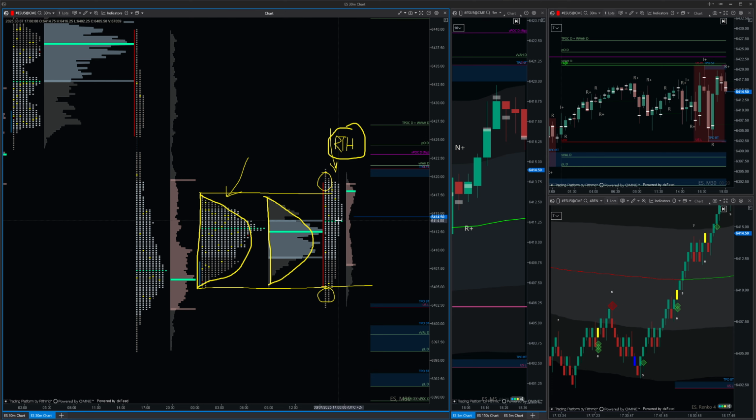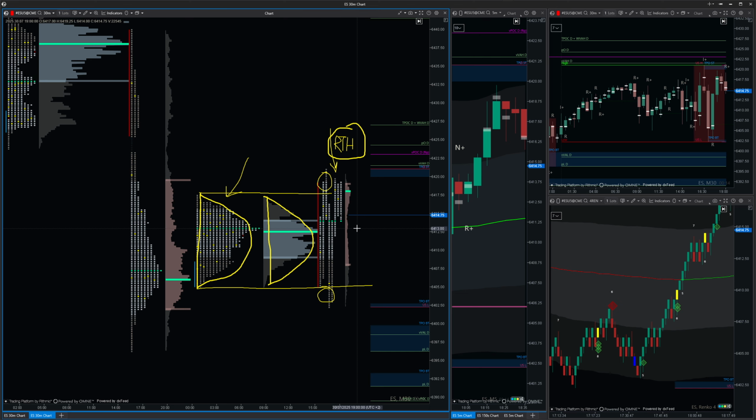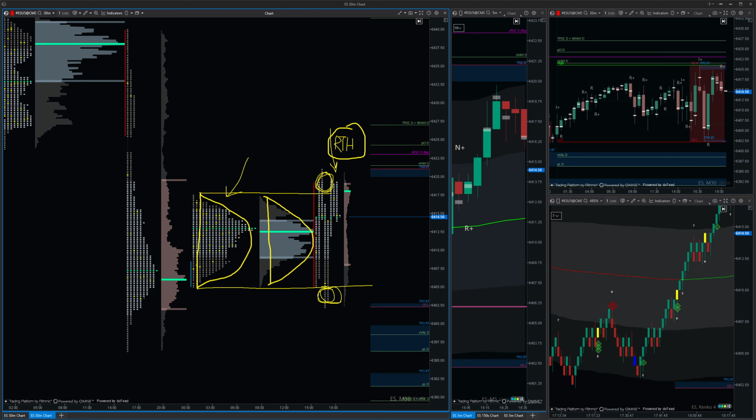When I open this chart, this profile, by pressing the G letter, then you see that it indeed happened in this part and in this part. So I will go to the normal chart and show you the trading opportunities.